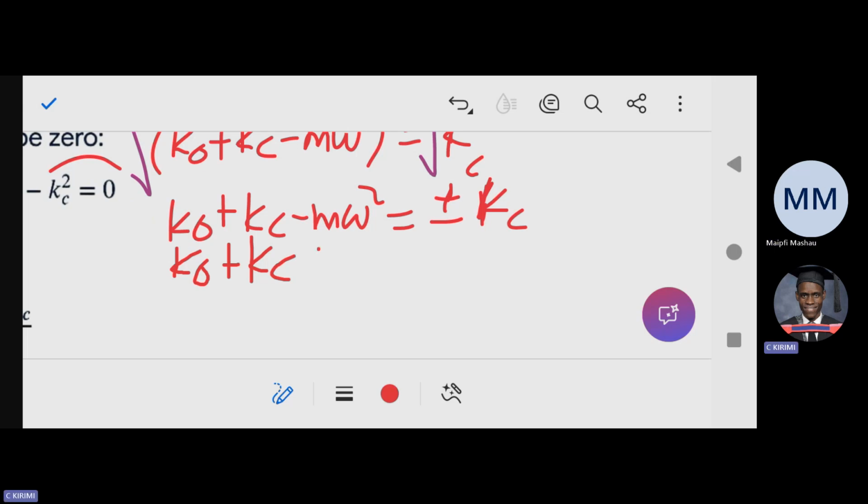That is the one which I used to write like this, minus plus. You still remember? You were starting with positive, negative. When you take it to the left-hand side, it will be minus plus. But the meaning is just the same.